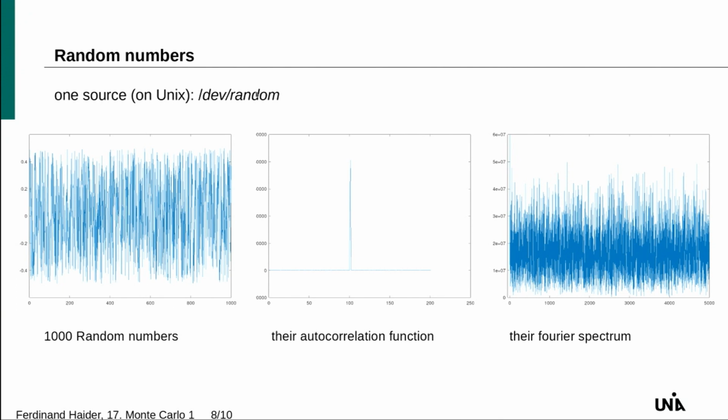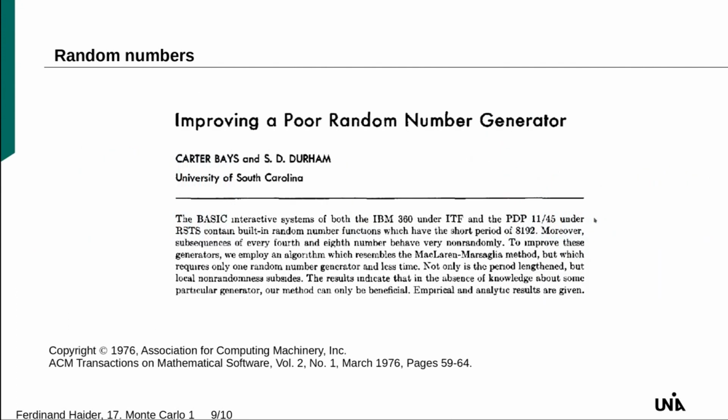Using this random source of random numbers, I generated 1,000 random numbers and calculated the autocorrelation function, which is very peaked here, so it's not too bad apparently. There's no correlation visible, but if you would generate a larger sequence, perhaps you get a correlation, and the Fourier spectrum of the correlation function.